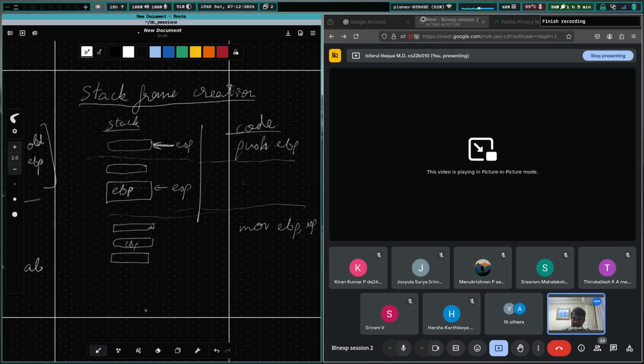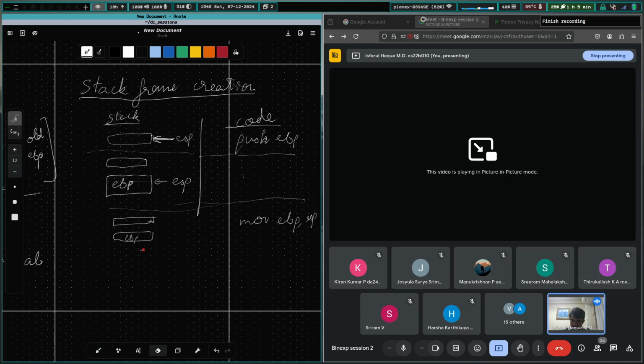Now both ESP and EBP point to this. So after push EBP has happened, this is the situation. After move EBP to ESP has happened, this is the situation. After sub ESP comma 0x10, this is the situation.